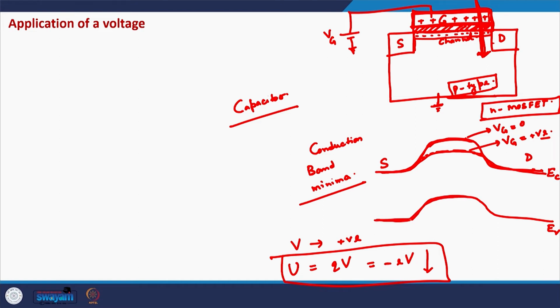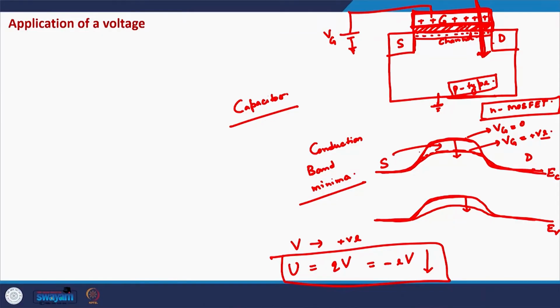When there is a positive voltage, this will also go down. So essentially, on application of a positive voltage, the barrier in front of electrons sitting on the source and the drain side reduces. So it allows electrons from the source side to cross the barrier, but at the same time it also allows electrons from the drain side to cross this same barrier.